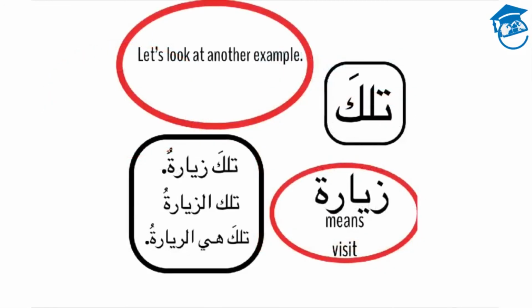Let's look at another example using tilka. We'll use the word ziyaraton. Ziyara means visit. This time it's your turn. I'm going to read the sentence or phrase, and I want you to tell me what it means. If I say to you, tilka ziyaraton, what am I saying?